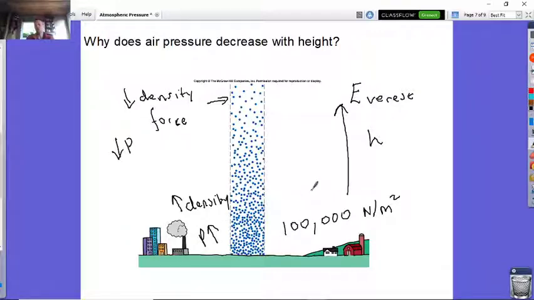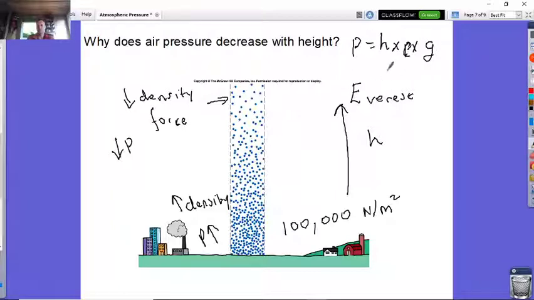You can also look at it in terms of the fact you've got more weight of air above you, therefore greater force, therefore the pressure increases. This is very similar to liquid water, where pressure increases with depth. Therefore, as we did beforehand, pressure equals height multiplied by density multiplied by gravity.